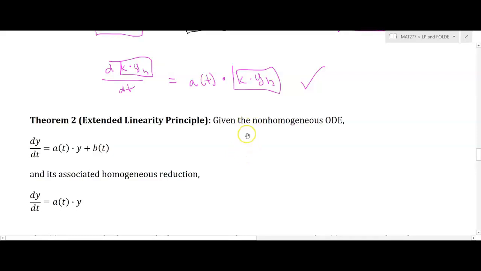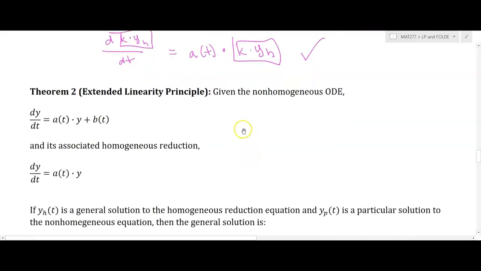Now, this linearity principle has an extension, and that extension says, given the non-homogeneous ODE, dy dt equals a of t y plus b of t, and its associated homogeneous reduction.